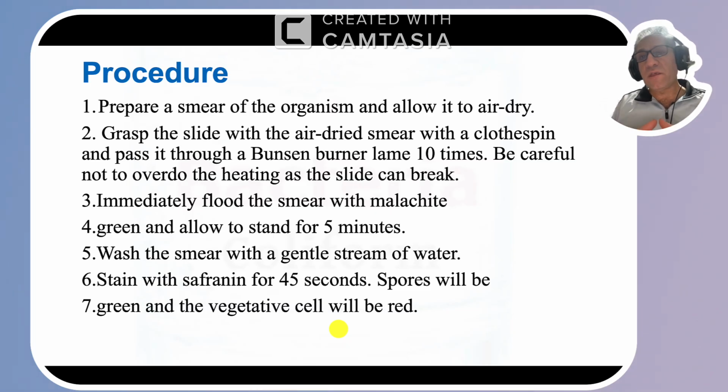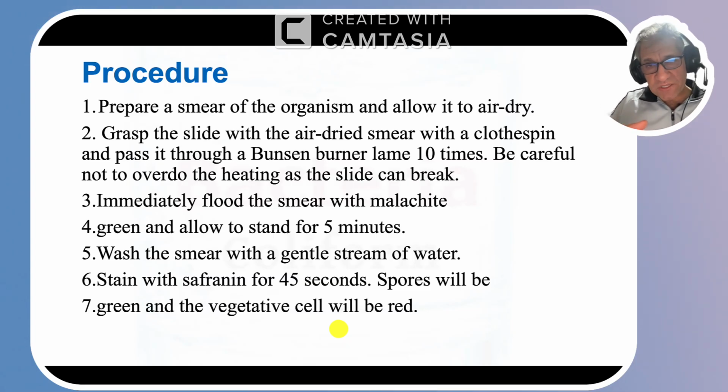And then fixation by heat on the water bath, or sometimes we can do it by hand above the Bunsen burner for some minutes, and then immediately you smear the malachite green and wait for 5 to 6 minutes.